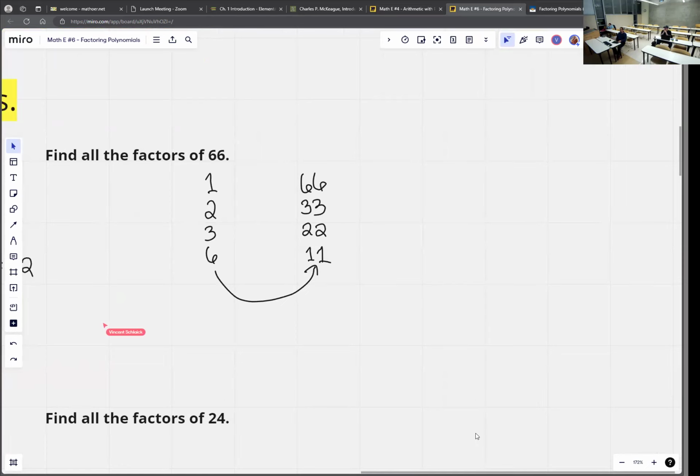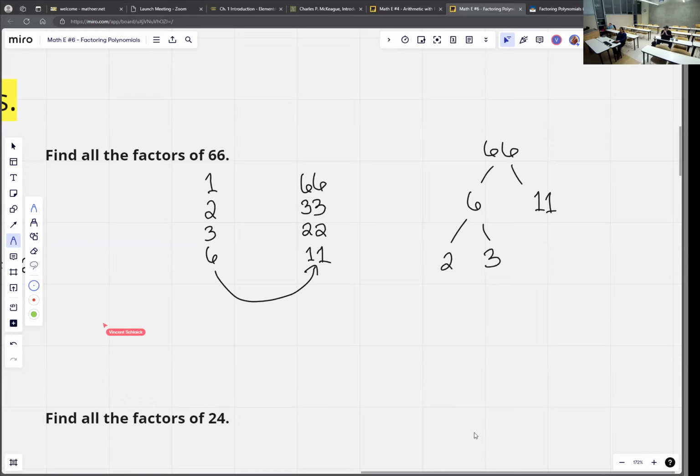If I try and make a factor tree for 66, I certainly can. There's lots of ways to start it. How does somebody want to start it for this example? 6 times 11, okay. And the 6 is 2 times 3.